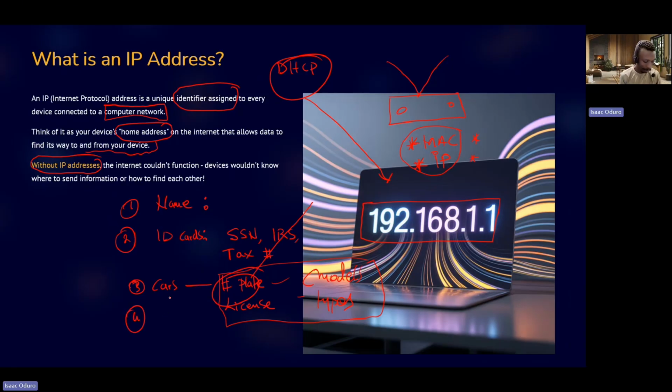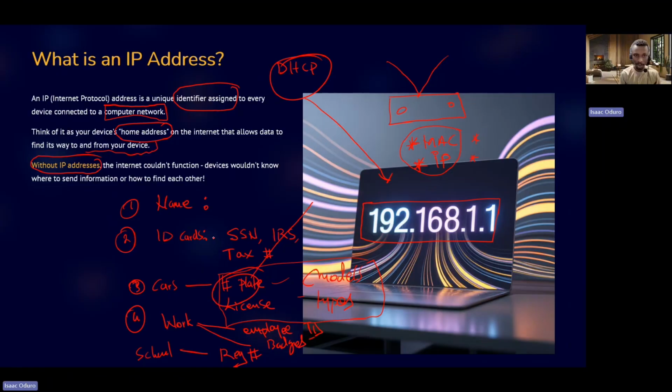The next example I can give to you is when you go to work. At your own workplace, we have what is called an employee ID. So the employee ID will help all employees to know the particular person that we are referring to at the workplace. We also have badges, and that badge will help you to identify who the person is. When you go to school, in your own school, we also have registration numbers.